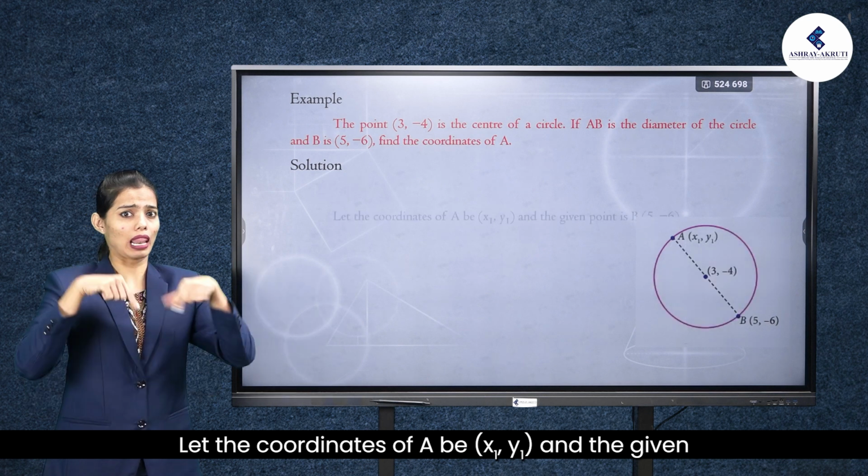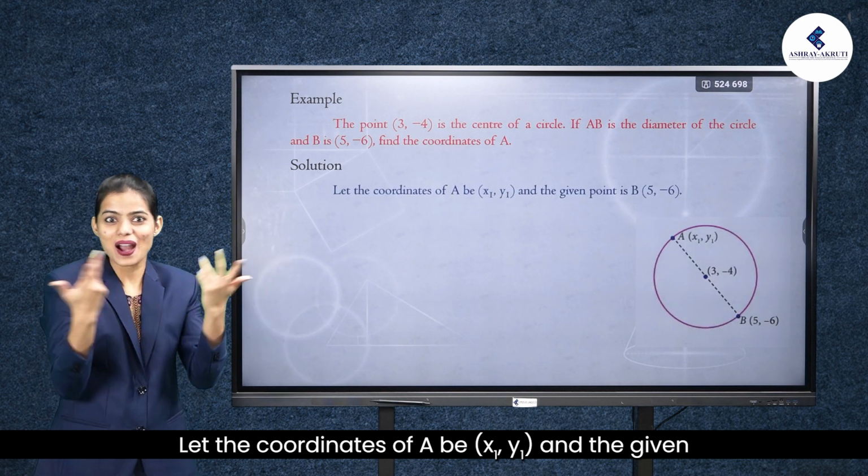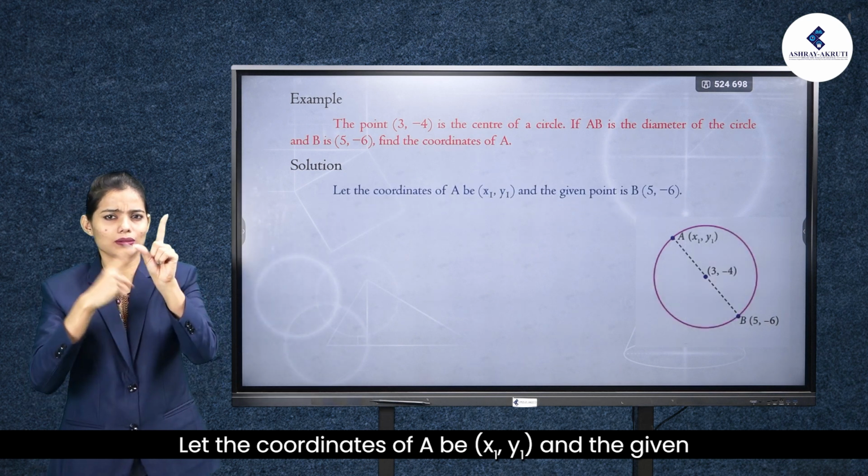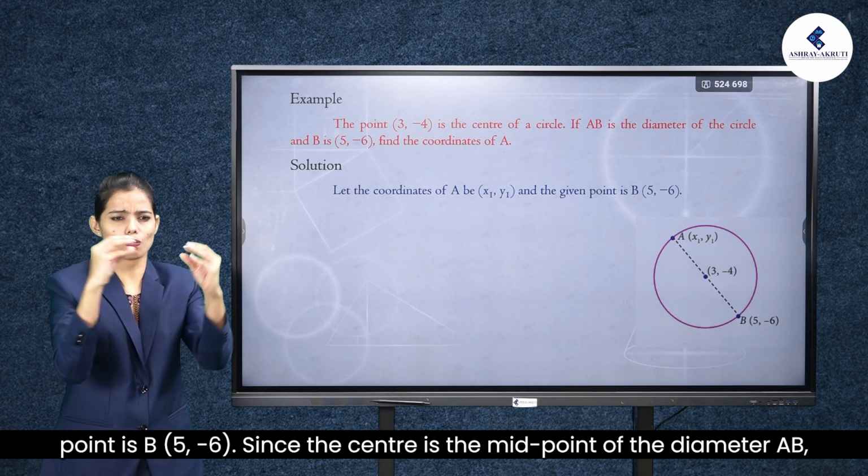Solution. Let the coordinates of A be (x1, y1) and the given point is B (5, minus 6).